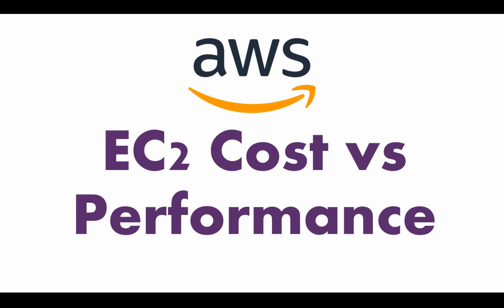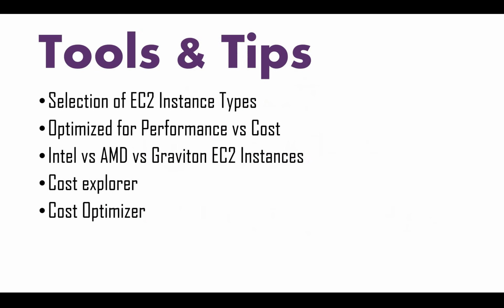This tutorial will help you understand a little bit of how the costing works, how you can select different kinds of EC2 instance types and why, and what different options you have, how you can easily find out your cost performance, and also a little bit of tools and tips I will talk about when you select an EC2 instance type.